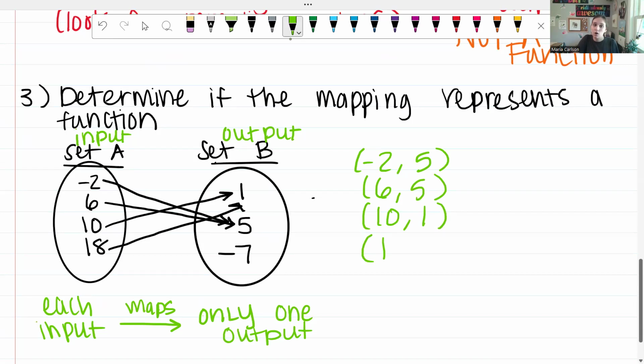And 18 also maps to 1, but it doesn't map anywhere else. So even though I have multiple numbers in our input that are mapping to the same number in our output, and I also have a number in our output that isn't even being used, that's okay because each input maps to only one output. So this is a function.